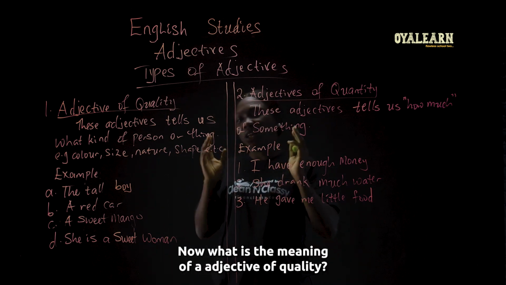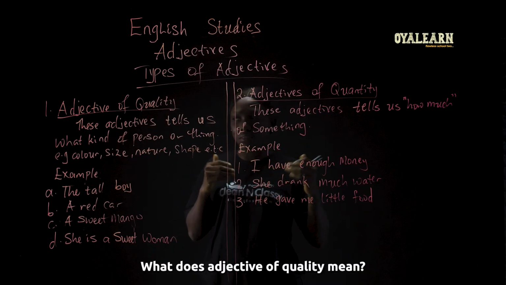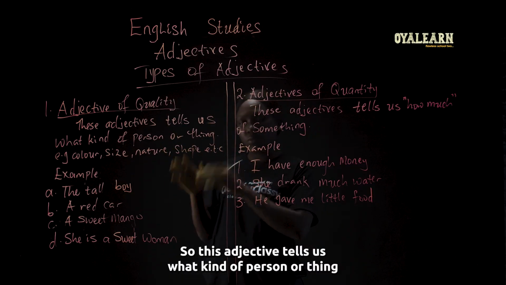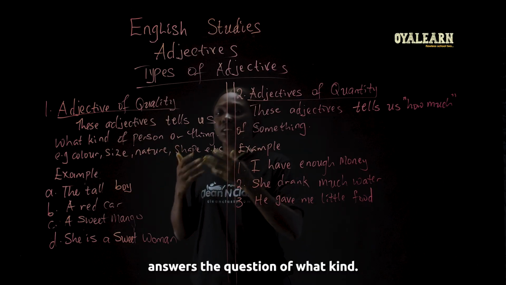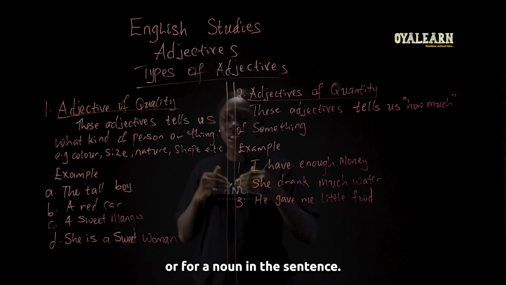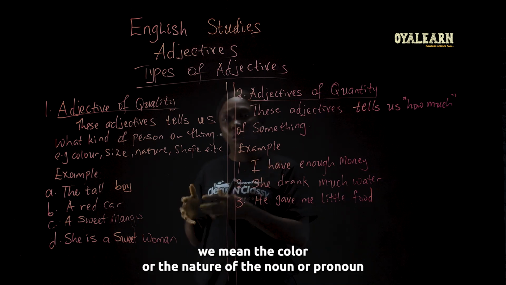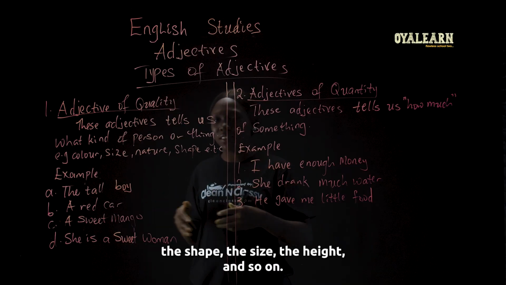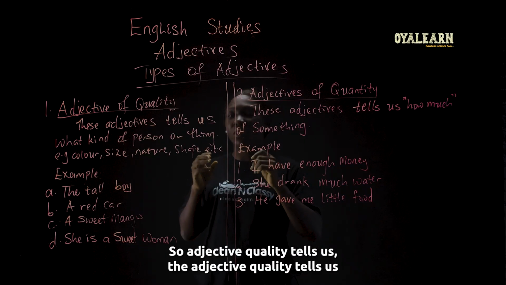Now, what is the meaning of adjective of quality? This adjective tells us what kind of person or thing. It answers the question of what kind. So it tells us the kind of noun or pronoun in the sentence. When we talk about kind, we mean the color, the nature, the shape, the size, the height, and so on.